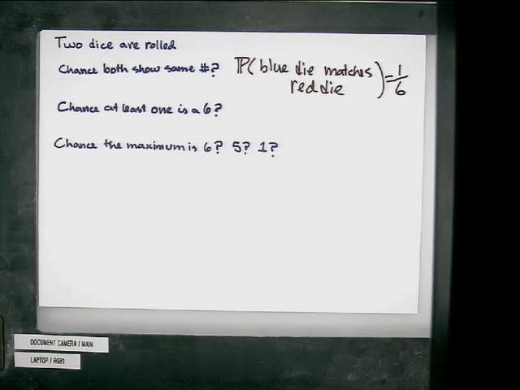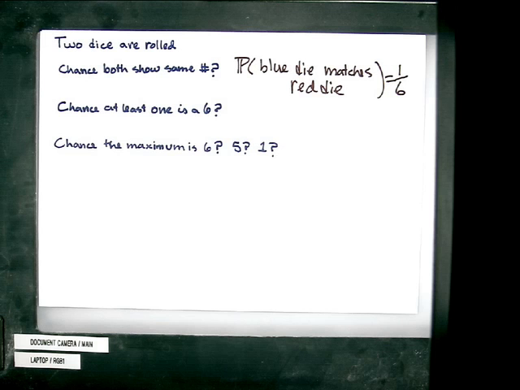The chance is 1/3. The chance that the first one will be 6 is 1 out of 6. The chance that the second one will be 6 is 1 out of 6. You have a possibility. Only one possibility. You're really close. So you said the chance that the red die lands 6 would be 1 out of 6. That's right. The chance the blue die lands 6 is 1 out of 6. That's right.